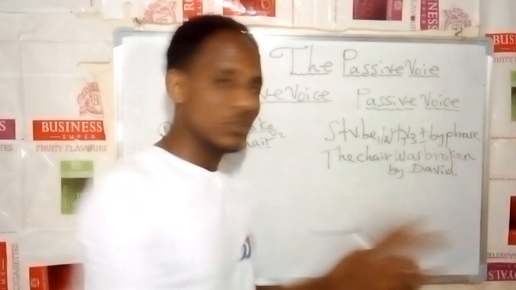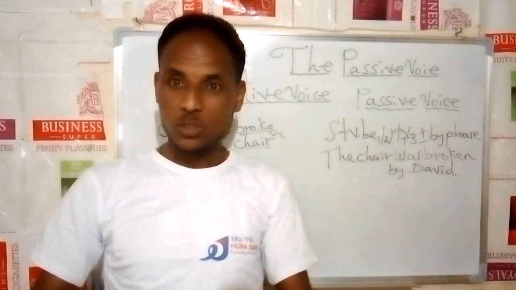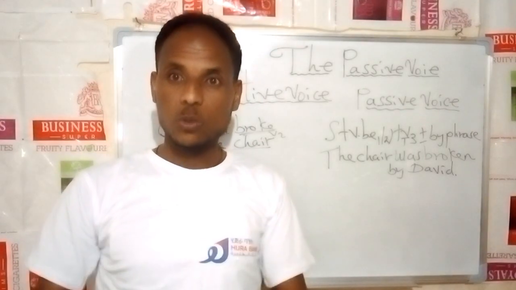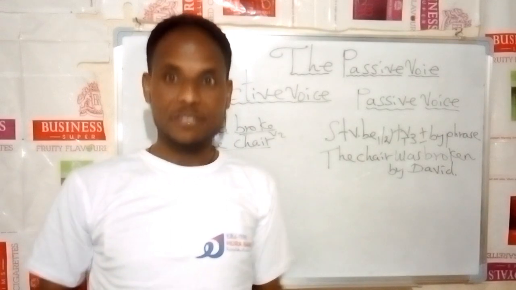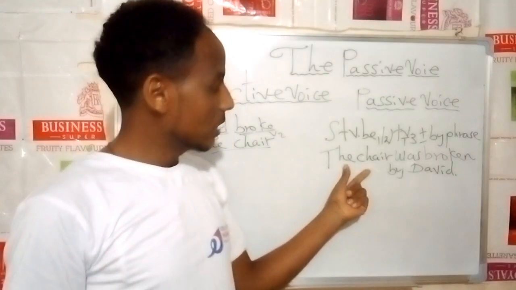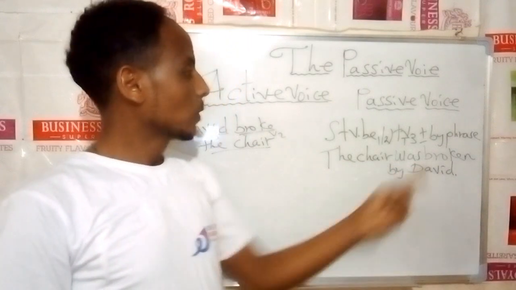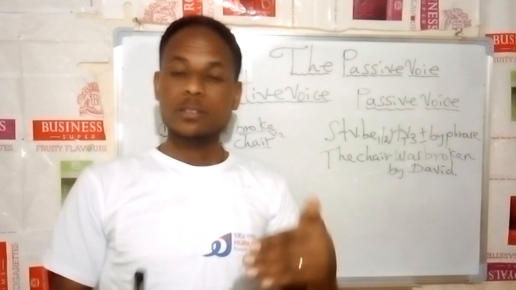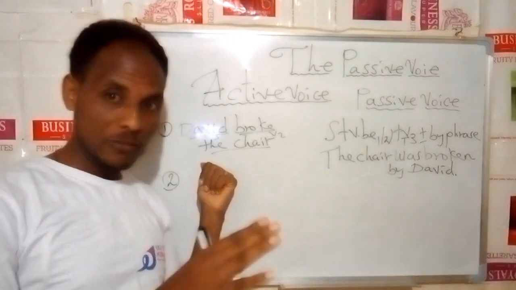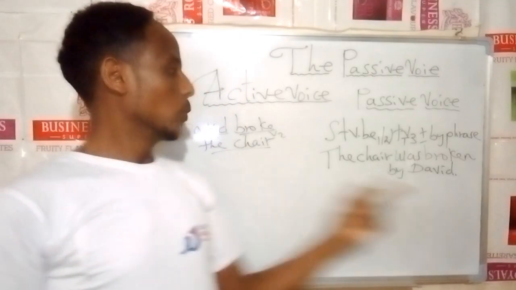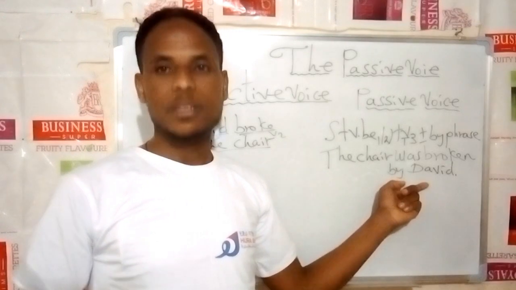In this structure, don't forget, we use the by phrase or the doer of the action in the active voice if it is important or significant. Here, the chair was broken by David. So we may use or leave out the doer of the action in the active voice. If it is important or significant, we may use the doer of the action or the by phrase.